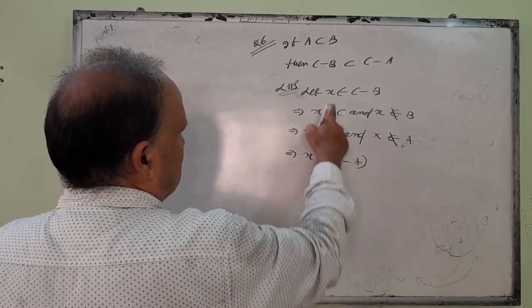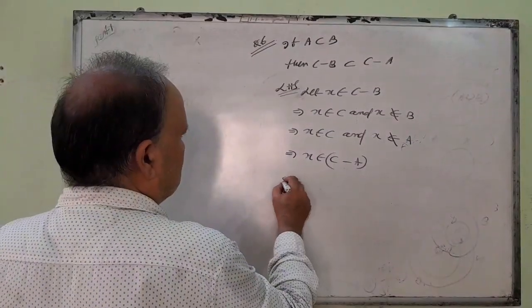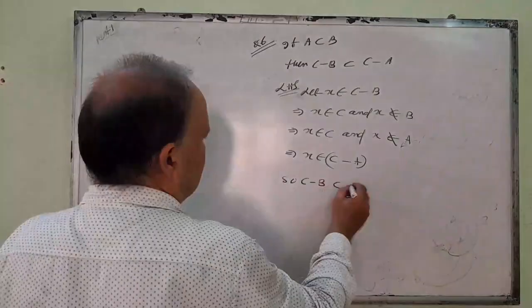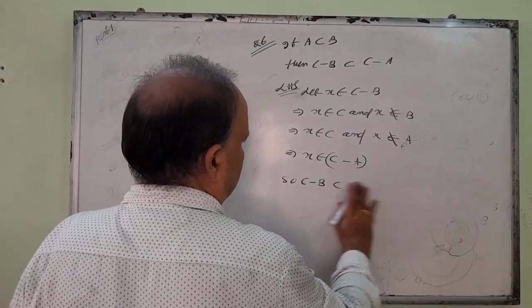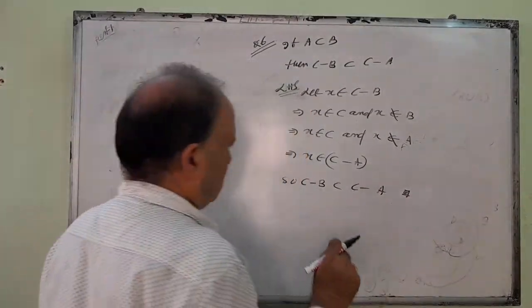C minus A. So x belongs to C minus B implies that x belongs to C minus A. So we can say C minus B is a subset of C minus A. This proof is over. This is a very small proof.